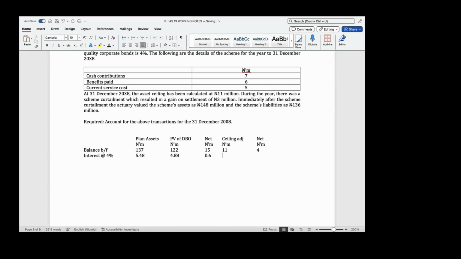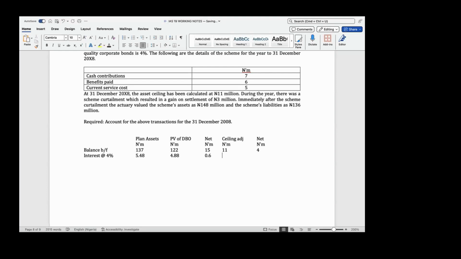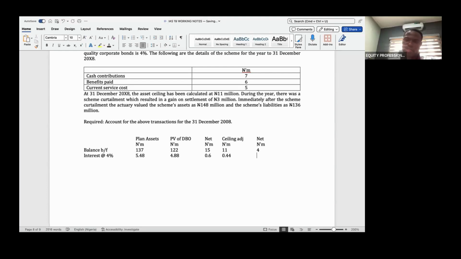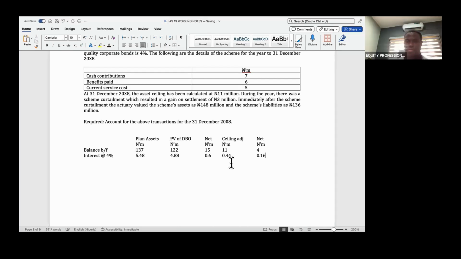Okay, so what's 4% of this 11 too? 0.44. So what's 4% of this one? 0.1. Okay, so which one goes to P&L?